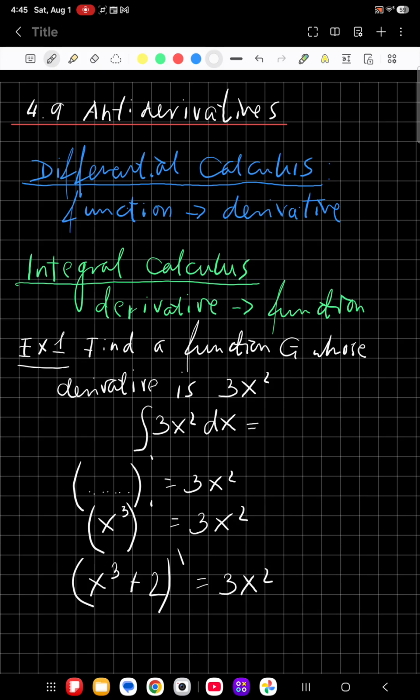So that could be x cubed plus any number. It could be plus 28, or x cubed minus 64, and the answer would always be 3x squared.